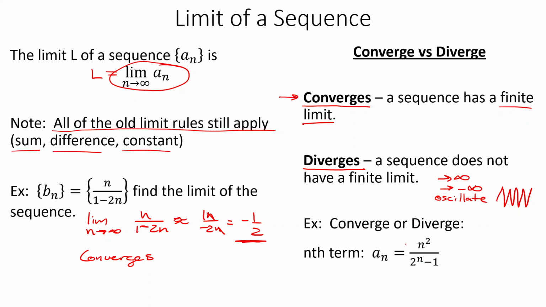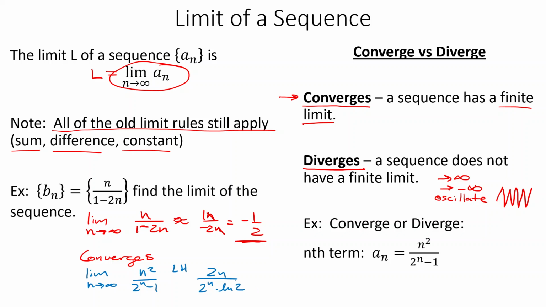All right, so does this converge or diverge? Does it have a limit? So let me switch colors here so I don't get mixed up. If we take the limit as n goes to infinity of n squared over 2 to the n minus 1, both top and bottom are going to infinity. If we did L'Hopital's rule, we would say this is 2n, and this would still be 2 to the n times the ln of 2.